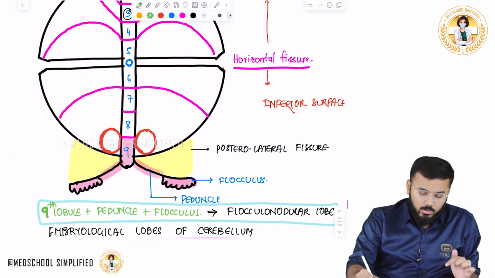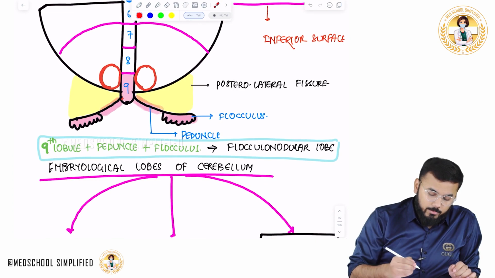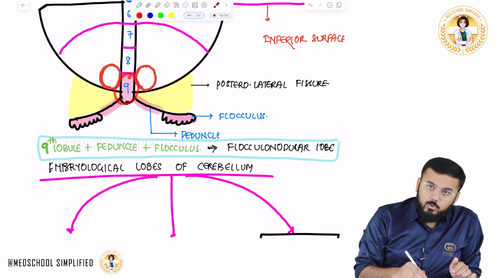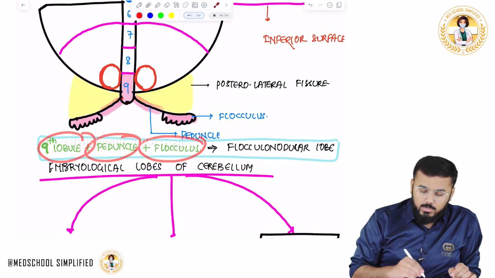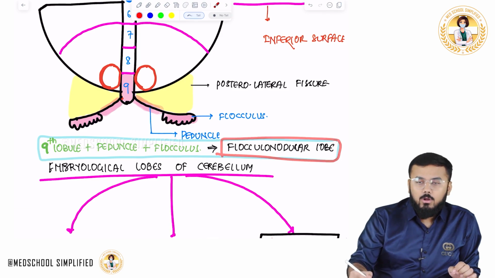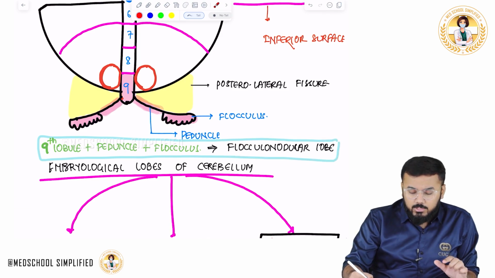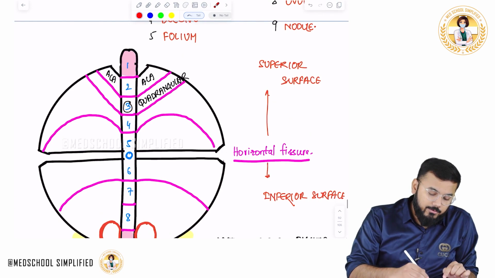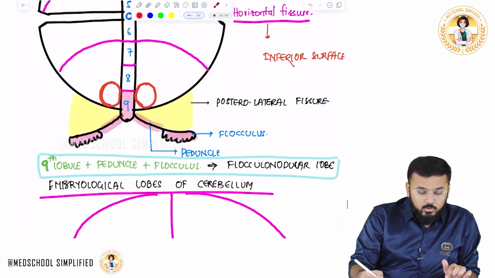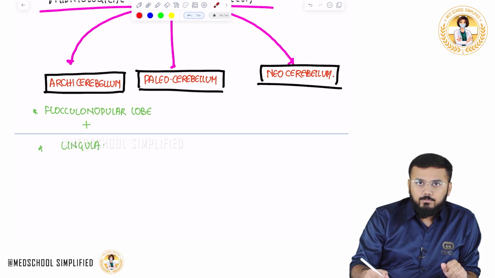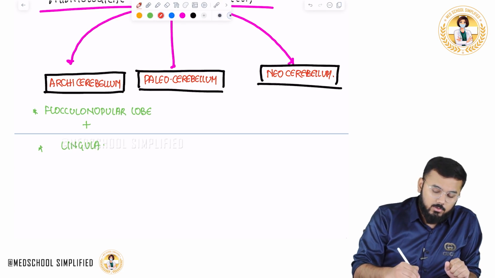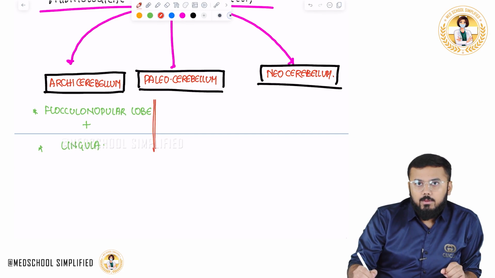So where is the flocculonodular lobe here? Flocculonodular lobe is your ninth lobule plus peduncle plus flocculus, together you call it the flocculonodular lobe. Okay, so this flocculonodular lobe and the first one, that is lingula, this is what is called your archicerebellum.